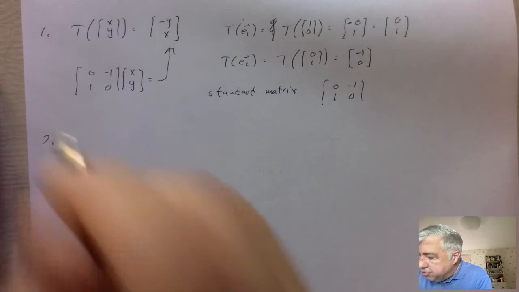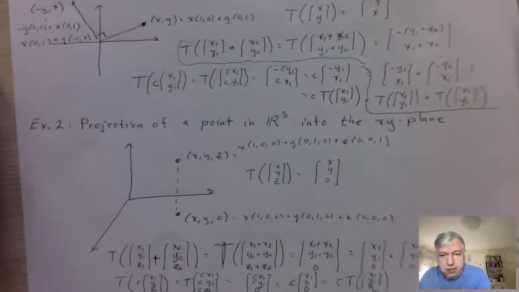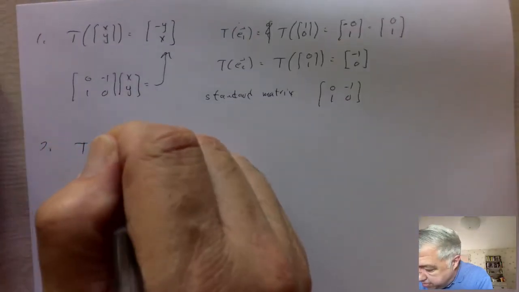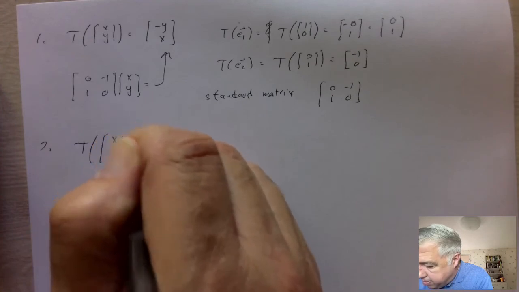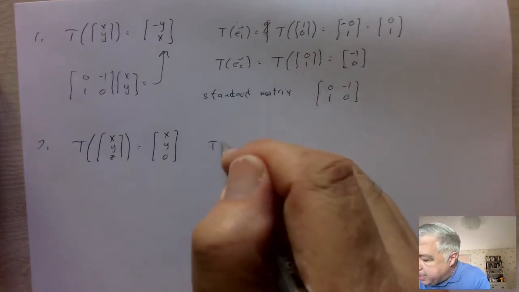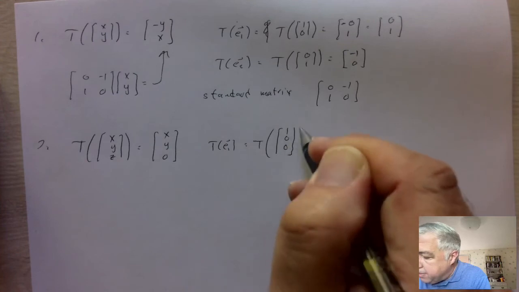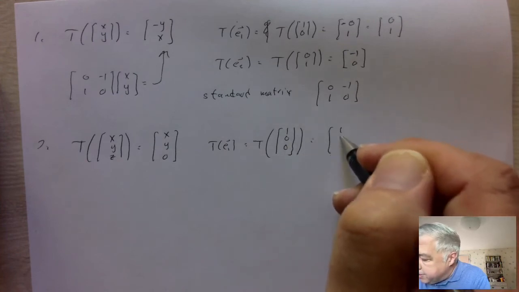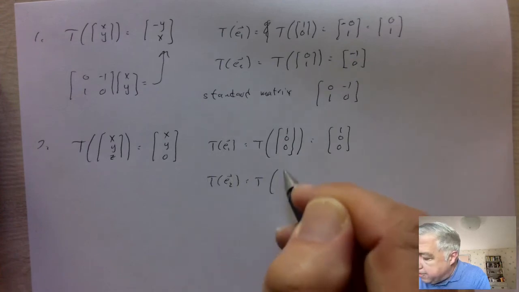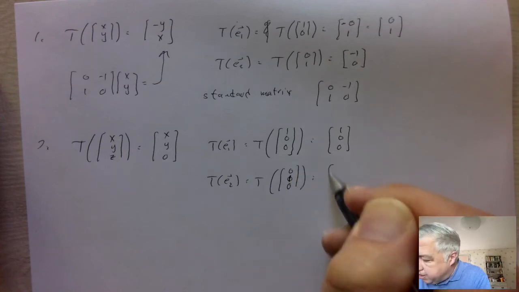In example 2 that we had here, where T of (x, y, z) is equal to (x, y, 0), in this case T of e1 is T of (1, 0, 0), which is (1, 0, 0). T of e2 is T of (0, 1, 0), which is (0, 1, 0).